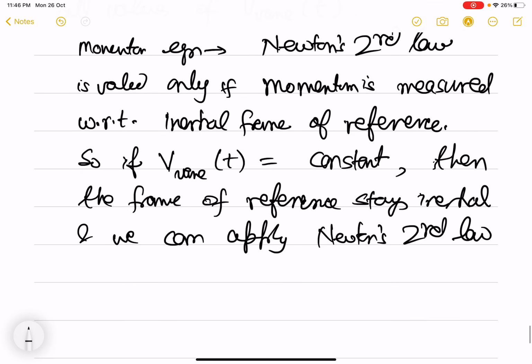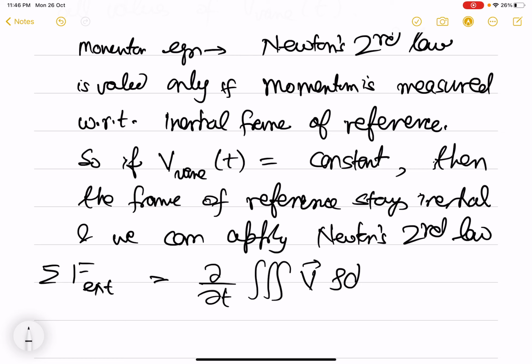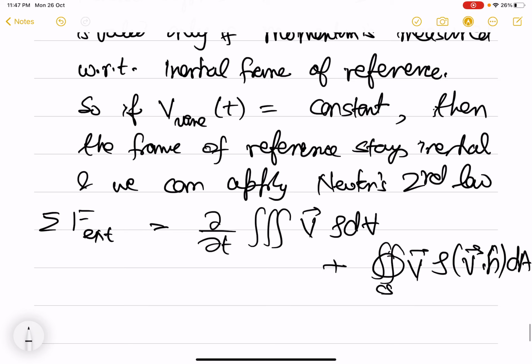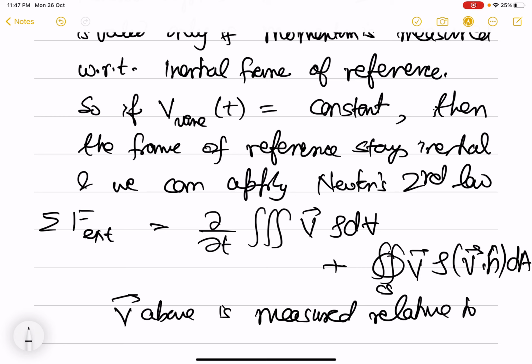And in this case what we will get is sum of external forces is equal to d by dt of integral V rho dV plus integral over the control surface V rho V dot n dA. In this case V is measured relative to the control volume as reference frame.